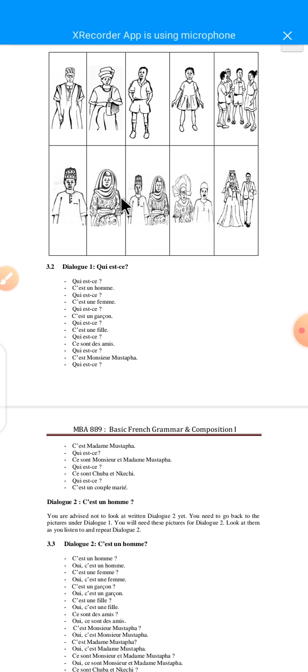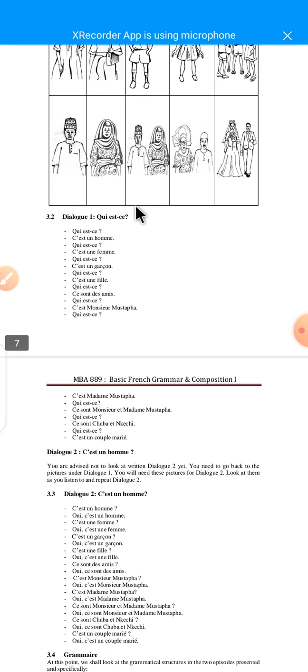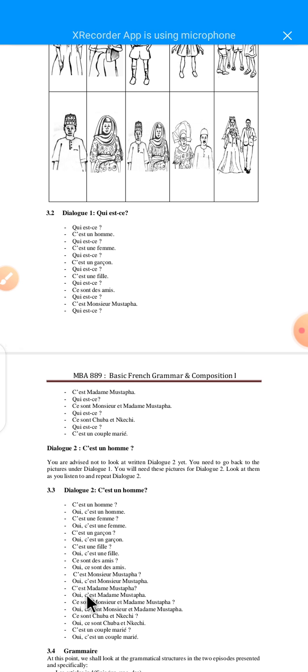Are they Mr. and Mrs. Mustafa? Oui, c'est Monsieur et Madame Mustafa. Yes, they are Mr. and Mrs. Mustafa. Ce sont Chuba et Nkechi. Are they Chuba and Nkechi? Oui, ce sont Chuba et Nkechi. Yes, they are Chuba and Nkechi. C'est un couple marié.